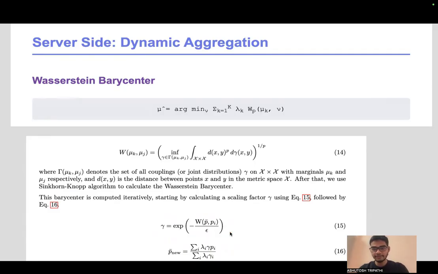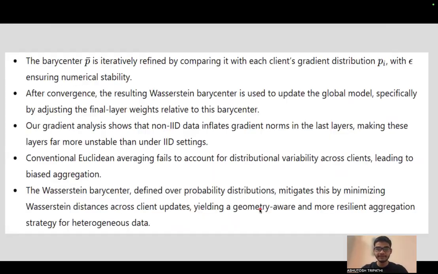For convenience, we have taken the same importance, same weights, for all of the clients. So in this manner, we calculate this Wasserstein barycenter. We will discuss these steps more in our algorithm. Okay, so let's discuss more first about the Wasserstein barycenter.